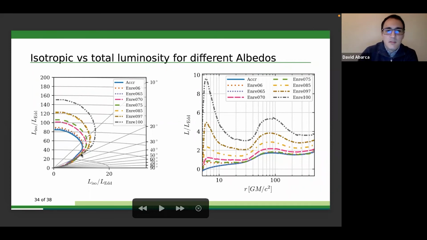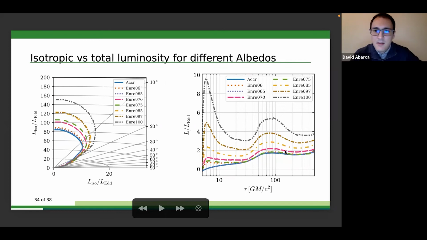The dimmest one is the fully accreting simulation, which makes sense, and the brightest one, as would make sense, is the fully reflective surface, okay? And so we see anywhere between 80 and 150, 160 Eddington luminosities from this.